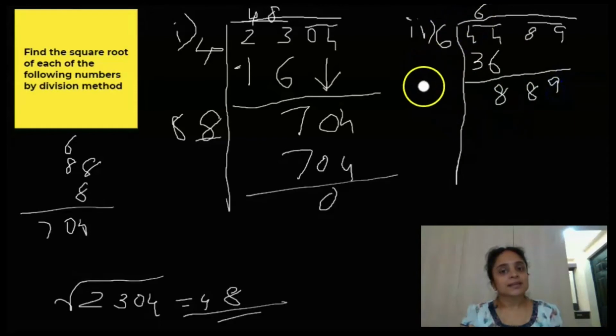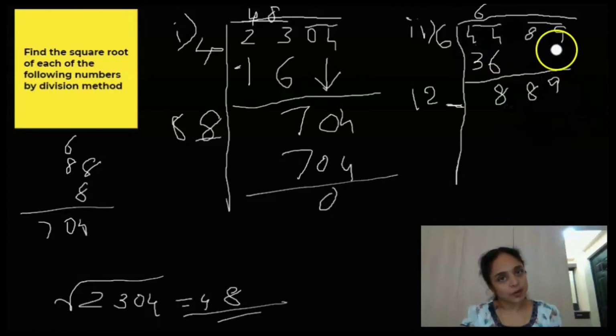Next step is add this 6 and 6 which is 12. We have to find this a such that 12a into a is equal to 889, given that this is a perfect square. Otherwise 12a into a should be less than or equal to 889. Okay. So what will be the last digit? 3 into 3 is 9. But 123 into 3 will not be 889, and 7 into 7 is also 9.